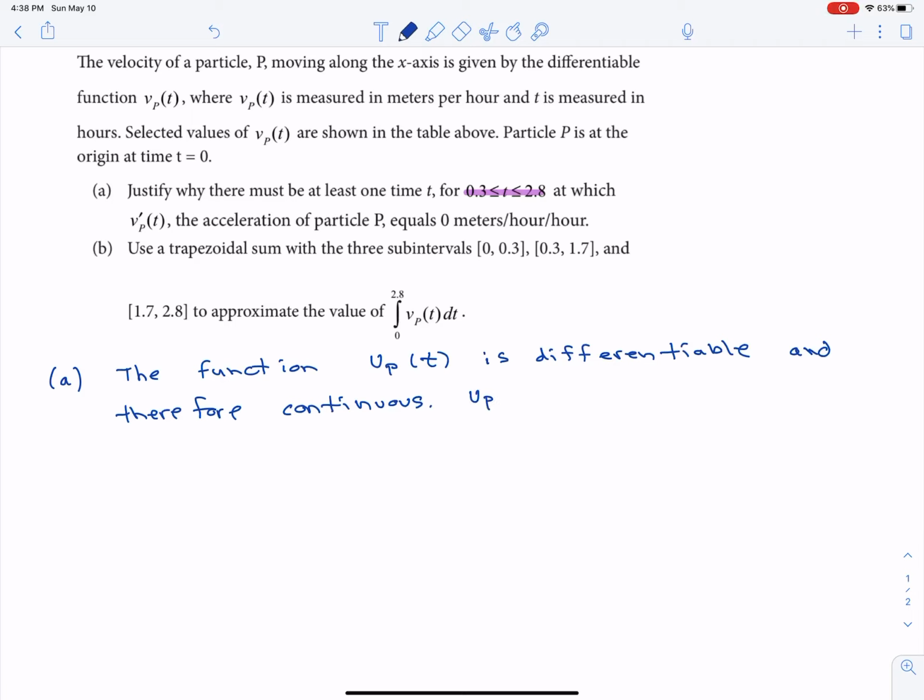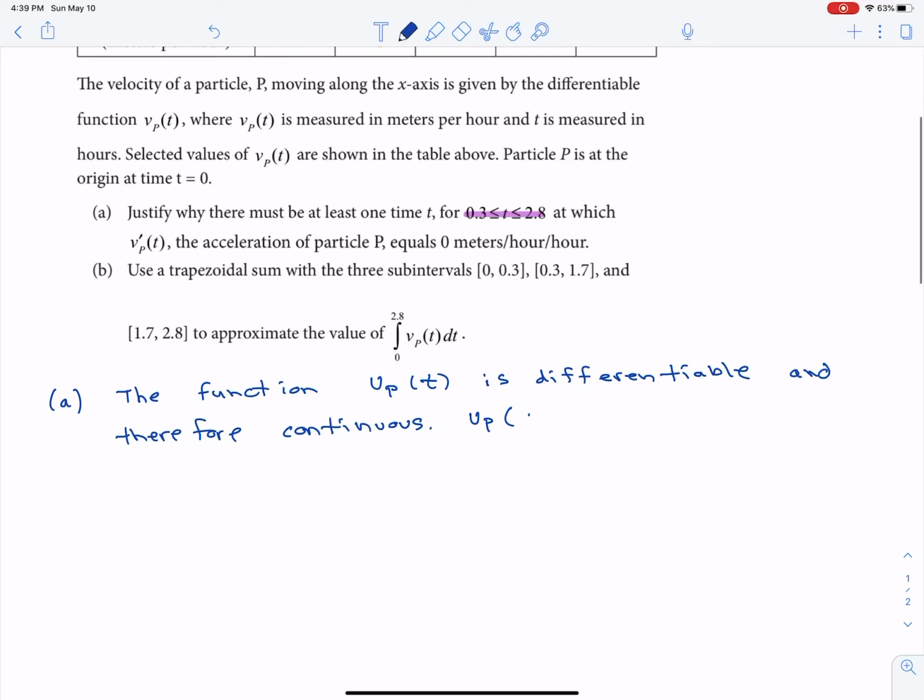Then I'm going to say v sub p of the two values given, 0.3, equals v sub p of 2.8, by mean... why am I saying mean?